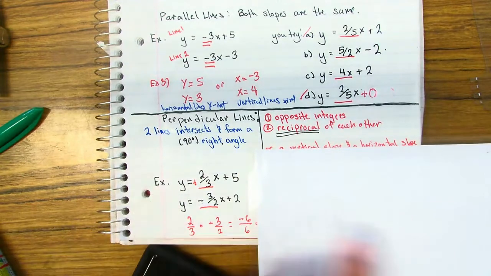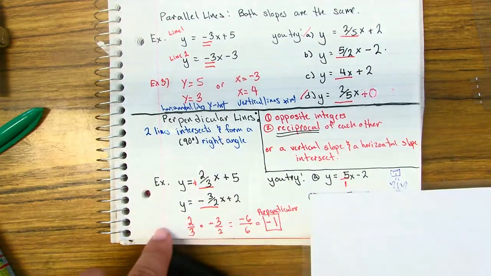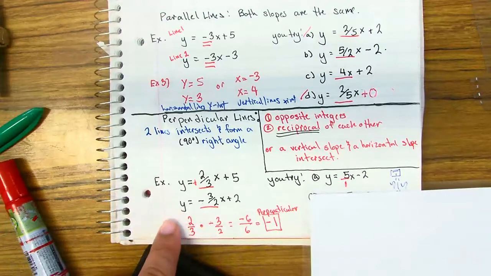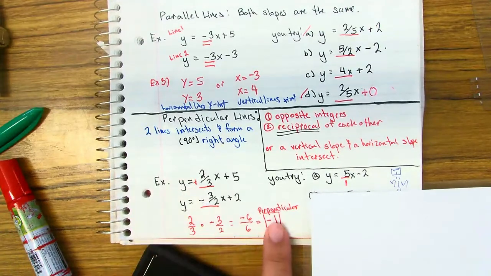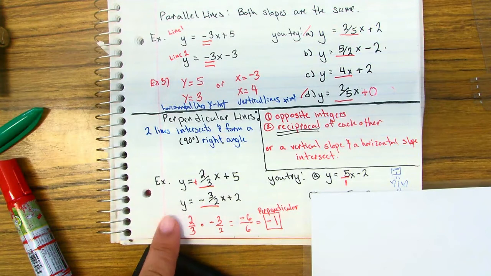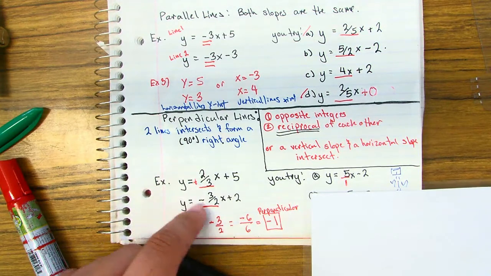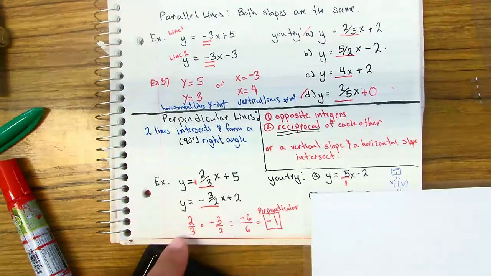Okay. Another example here is the third way. This is the third strategy. You can multiply the two slopes, and if they equal -1, then you can determine that they are perpendicular. Okay. So here, if it's 2 over 3 times -3 over 2, 2 times -3 is -6. 3 times 2 is 6.